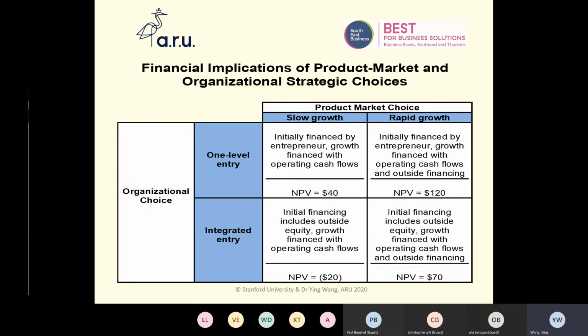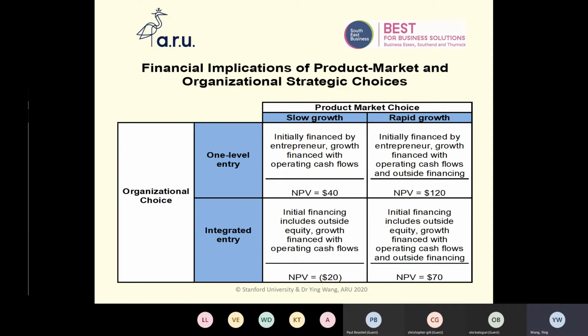Of course, there is other qualitative information you might want to take into account. But overall, if it is negative, that means within this time period, you wouldn't get your investment return back. If it is integrated rapid growth, it actually has an NPV of $70,000.